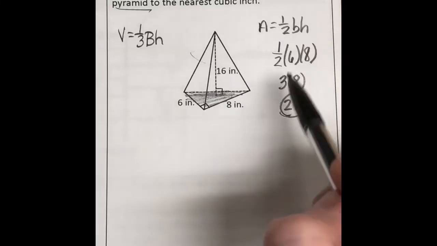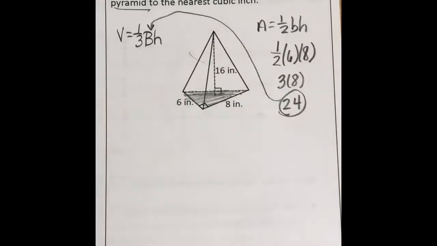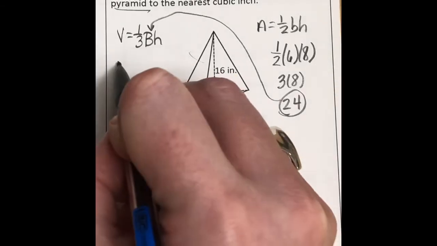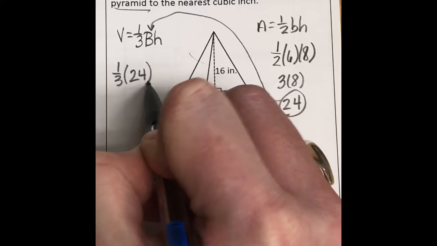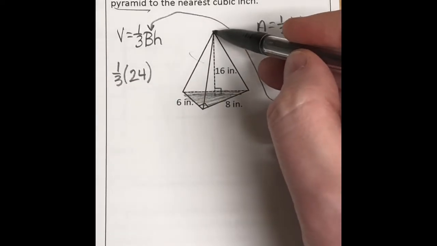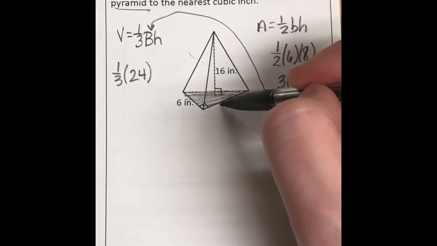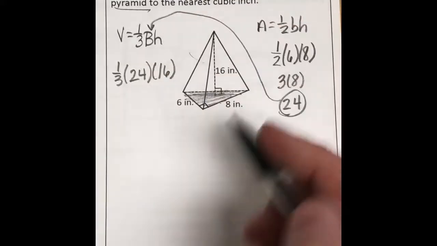This number then comes over and is your big B. So now you have 1/3, fill in your big B with what you just found, and the height of the entire thing. So the height from the tip of the pyramid point to the bottom is 16, so times 16.